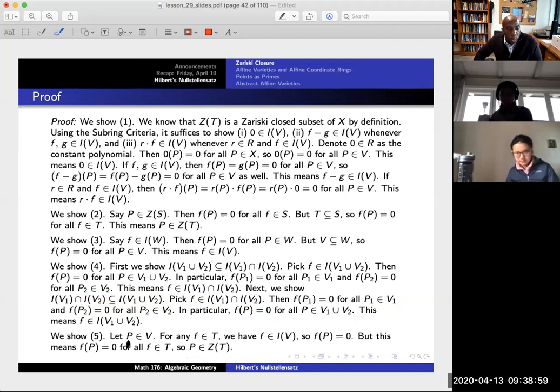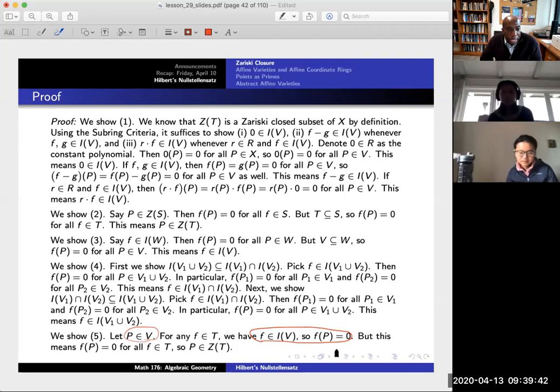Here I want to prove that if T is equal to I of V, then V is contained in Z of T. Again, if T is equal to I of V, I want to prove that V is contained in Z of T. Let's back up and ask what we are trying to do here. Let's start with a point P in V. Then what this actually means is that for any f in I of V, we have to have f of P is 0.